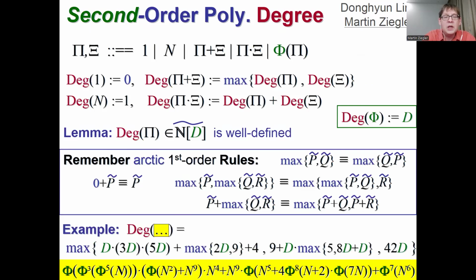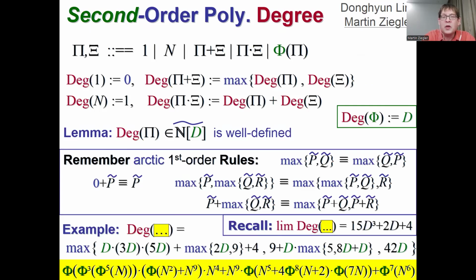And as an example, the degree of the below second order polynomial turns out to be this long expression, the arctic first order polynomial that we already had as an example two slides ago. And remember that an arctic first order polynomial asymptotically agrees with an ordinary polynomial.